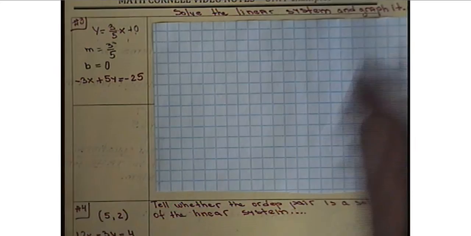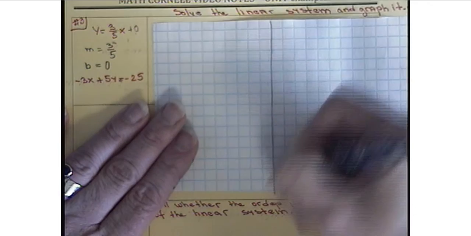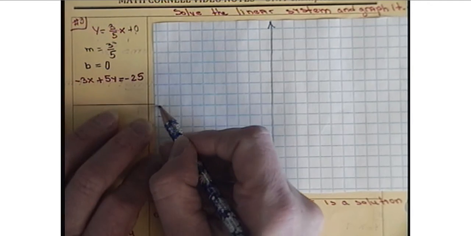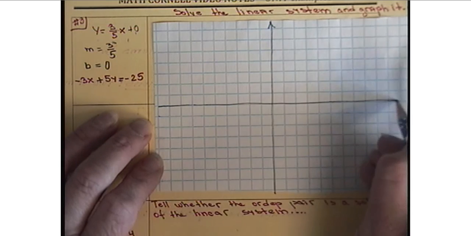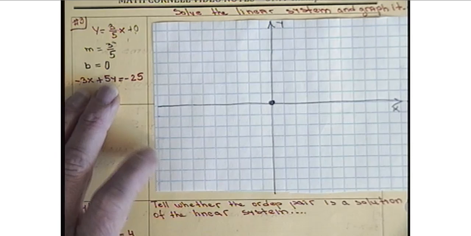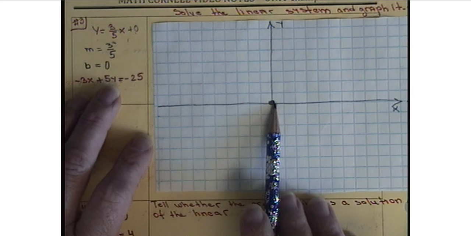Which means if I graph my x and y axis right here, the first point for this equation will be at the origin, because this is b. B is 0 here for y axis.